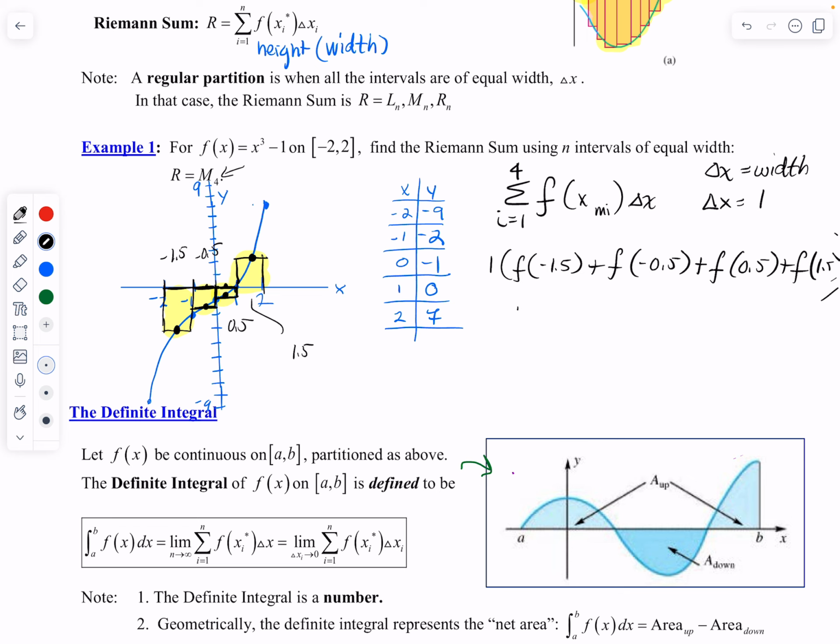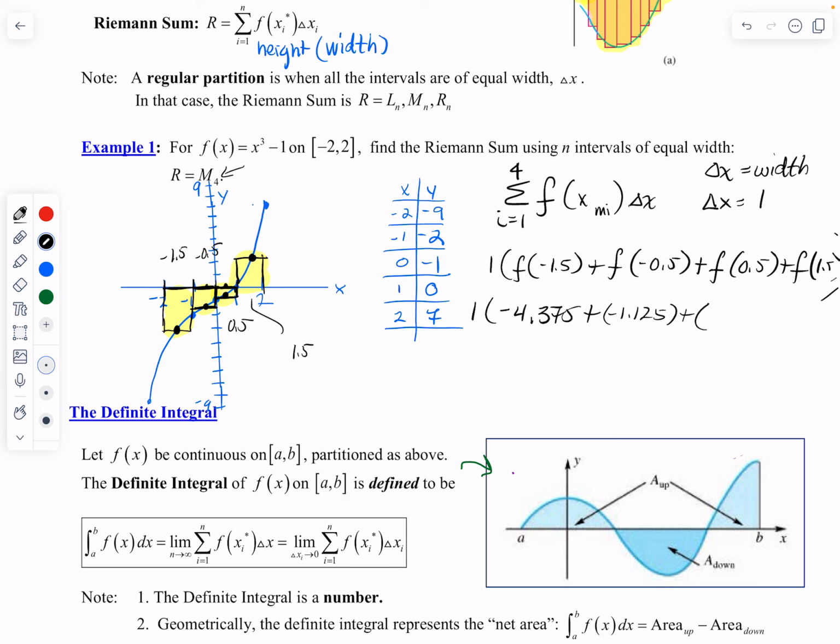And when I do that, I get -4.375 plus -0.5. We're going to cube that and then subtract 1. And I got -1.125 plus, now we're taking 0.5 and cubing that, minus 1.